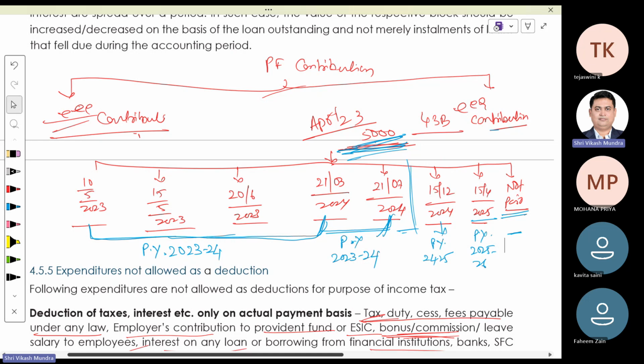It should be considered as a deduction, whatever we discussed earlier, but this type of expenditure should be allowed as per this rule. Is it clear? Please copy this chart.